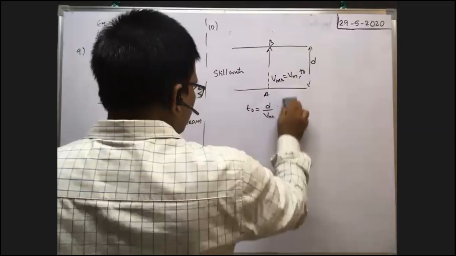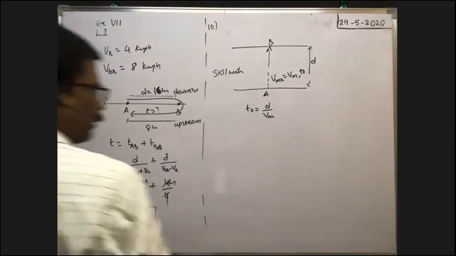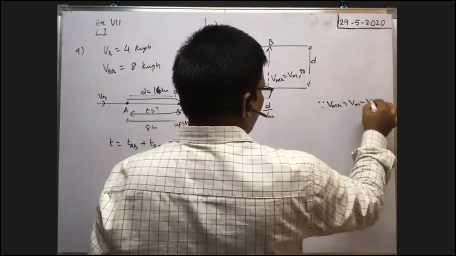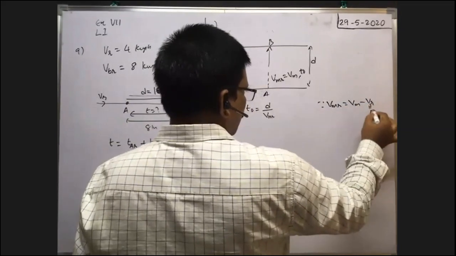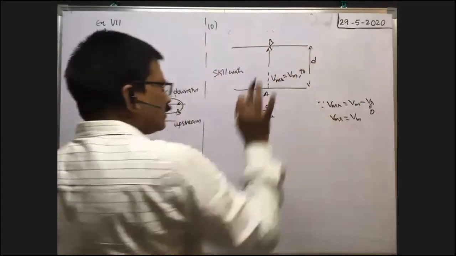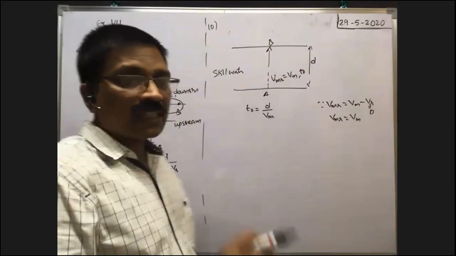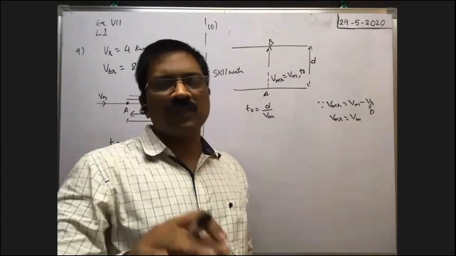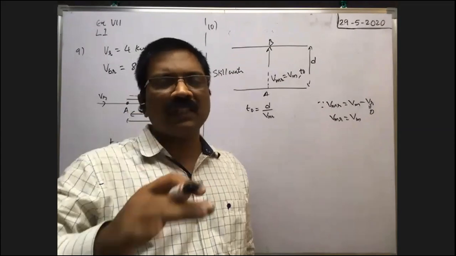Because velocity of the man with respect to river means what is the formula? Since VMR is equal to VM minus VR, and the river is at rest, in this case velocity of the man with respect to river or velocity of the man is the same. Velocity of the man with respect to river remains constant, but velocity of the man when you see from the ground is different in different cases.